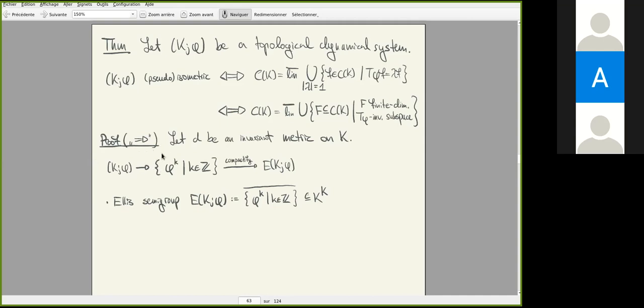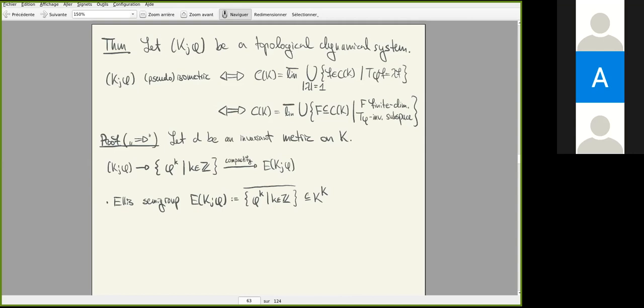So for the transition group, we just take the powers of our dynamics, and then we compactify it. This is the construction of the Ellis semigroup, which enters here vitally. What you do is you take all the powers of your dynamics, which is a family of functions from K to K. And then you can try to take the closure of this family of functions from K to K in different topologies.